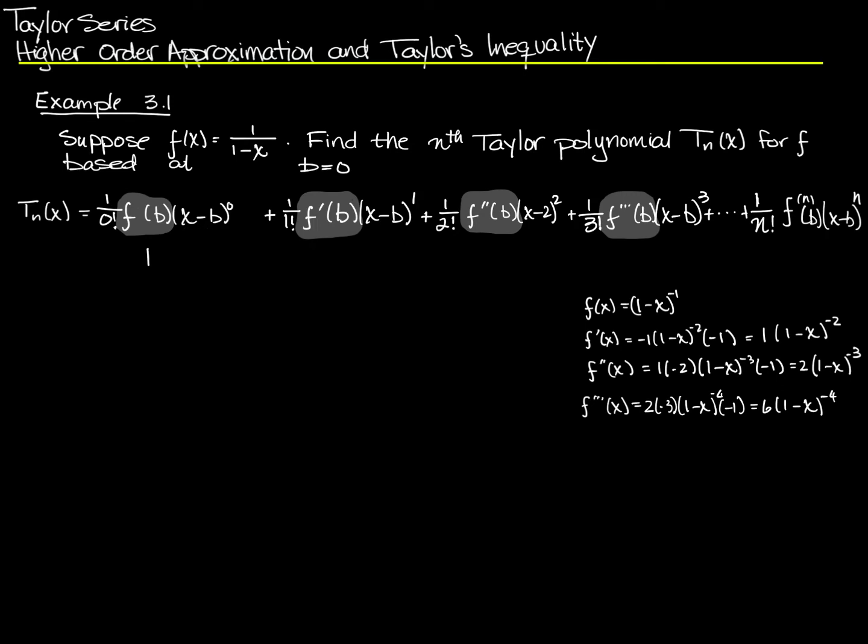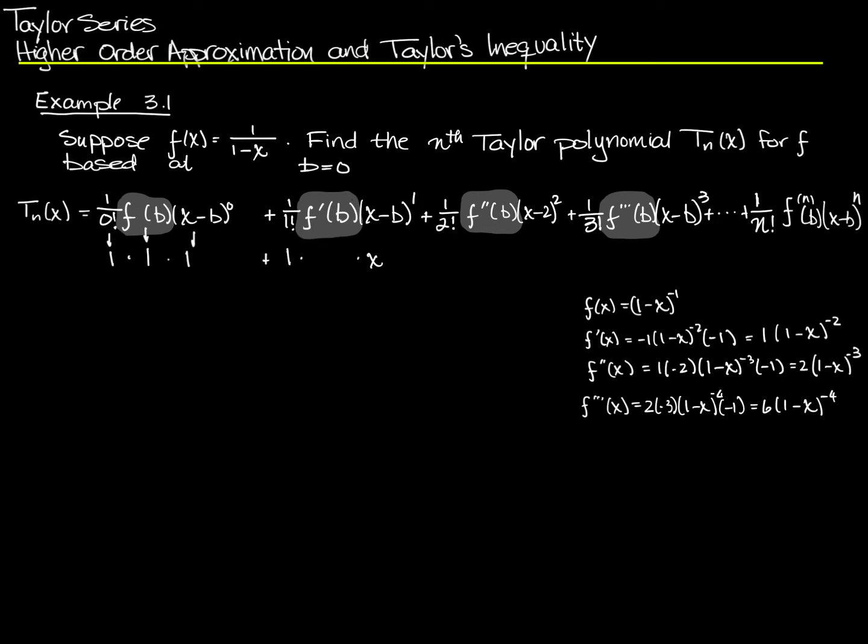So essentially here I have 1 times 1 times 1. Here I'm going to have 1 times, now my x minus b, or my x minus 0 here is raised to the first power, so that's going to be x minus 0 or just x. So I'll have times x.